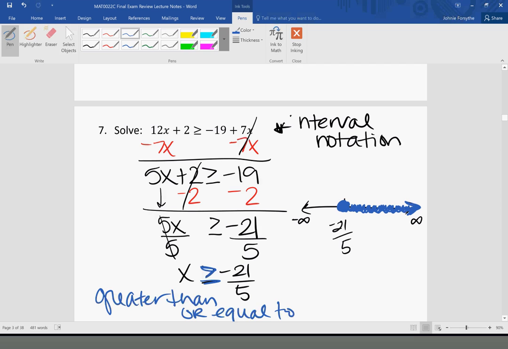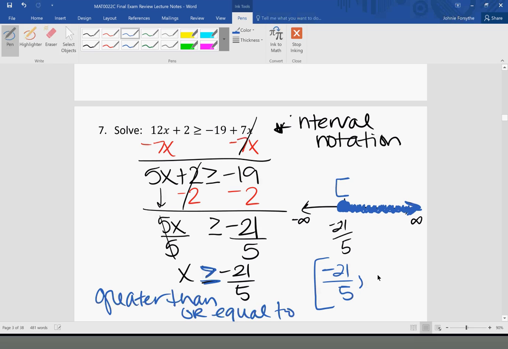Let's take that graph and translate it into interval notation. We always go from the left to the right. Your blue shading starts at negative 21 over 5. Now we are including it. It's a closed circle, so we're going to use a bracket for that. And then the interval is going all the way to infinity.